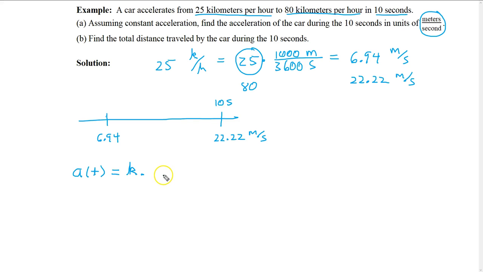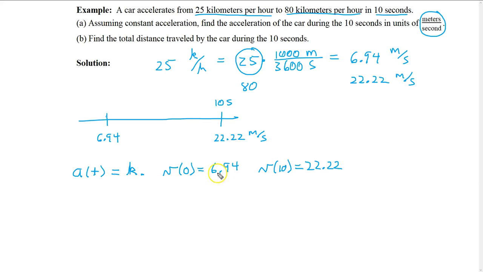So we're also given that the velocity at time 0 is 6.94, and then 10 seconds later its velocity is 22.22, so we're also given that v of 10 equals 22.22 meters per second.